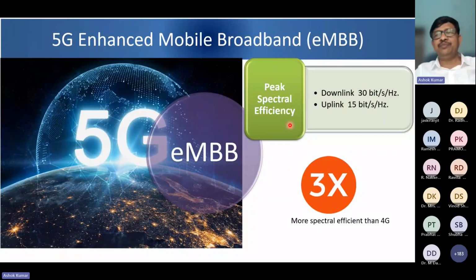You can divide 20 Gbps by 30. 666, very right. So basically about 666 megahertz. So operators would need more than that actually, maybe 700 megahertz, 800 megahertz, 900 megahertz or more to really achieve this 20 Gbps kind of peak data rate.